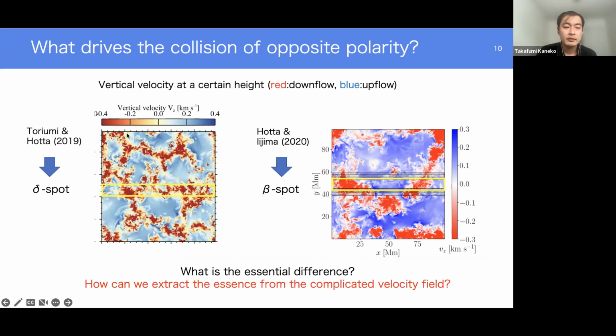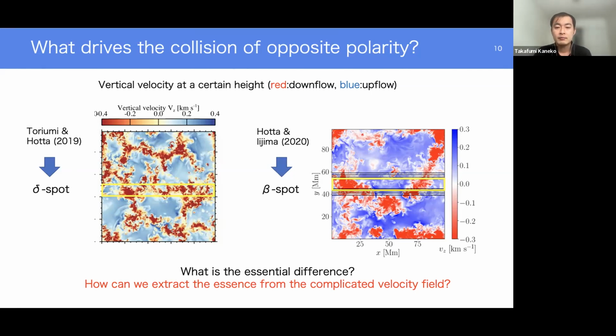The left panel shows the flow distribution used in Trim and Hotta 2019, and this simulation reproduces a delta spot. And the right panel shows the flow distribution in Hotta and Iijima 2020, and this resulted in a beta spot.